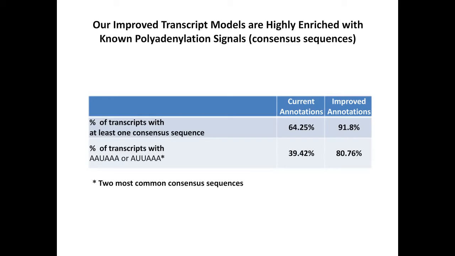And in this category, the percentage of transcripts with the 2 most common polyadenylation signals, AAUAAA and AUUAAA, based on the current gene model annotation is 39.42%, and based on our improved model, it's 80.76%. So this clearly shows that using our improved gene annotation could help to identify more of these polyadenylation sites. And the criteria that we used helped to improve the gene model.